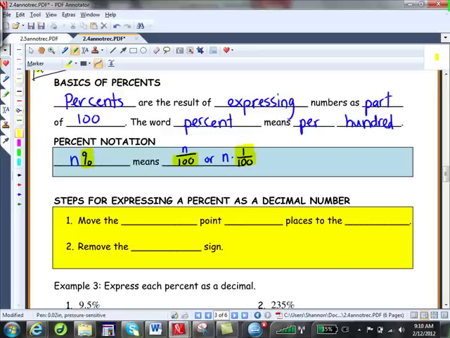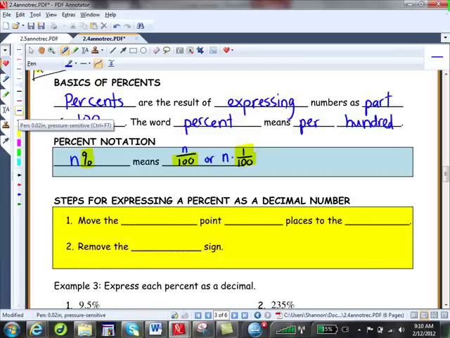So steps for expressing a percent as a decimal number. If you've been given a percent and you're moving to a decimal, you're going to be dividing by 100. So what happens to the decimal place when you divide by 100? You move it, good, 2 places to the left.